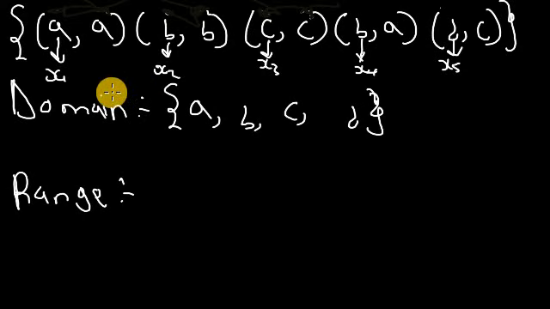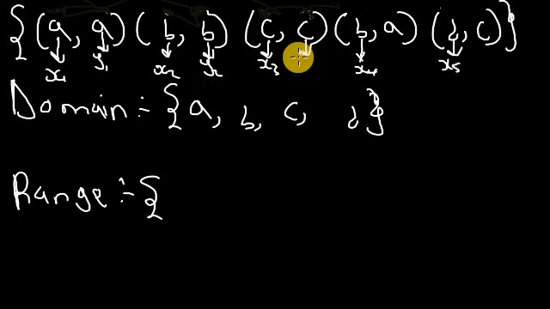Now you need to keep in mind that the repetition of a certain value is irrelevant. You need not repeat a value if it turns out to be present more than once. Just writing it once is enough. What about the range? The range is the set of the output values, that is the y values. So this is y1, this is y2, this is y3, y4, y5.